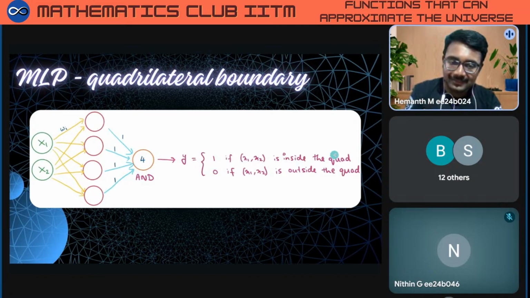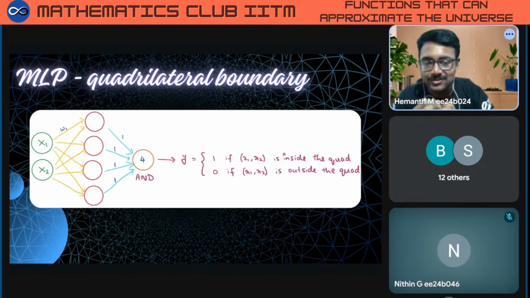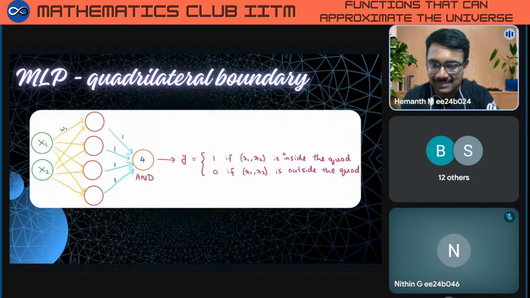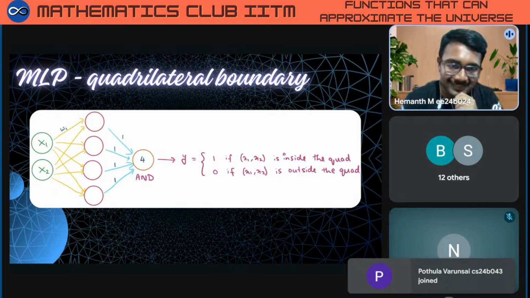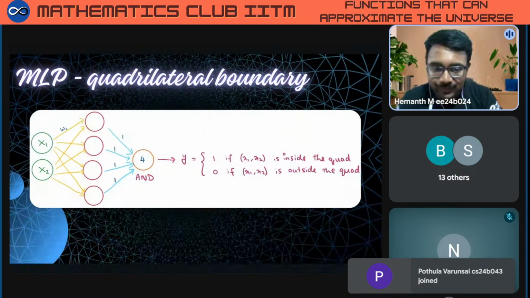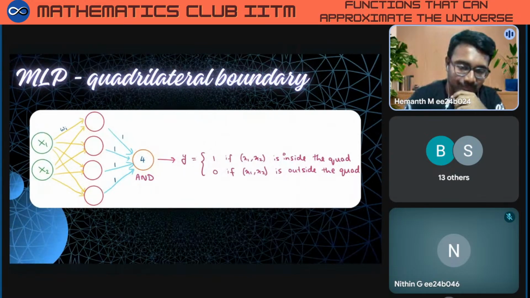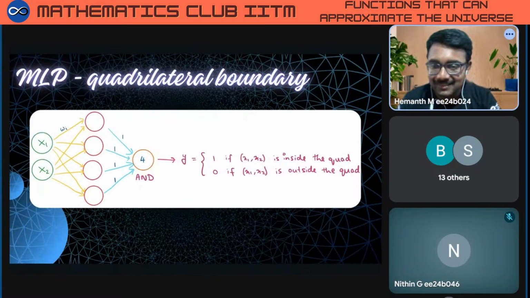And when they agree, that is when you are inside the quadrilateral. The equivalence between being inside the quadrilateral and all sides telling that I'm inside is what you have to see here. I hope this example is clear, because this is the same thing that we'll extend further to build more complicated things.